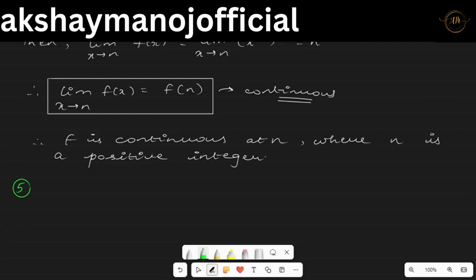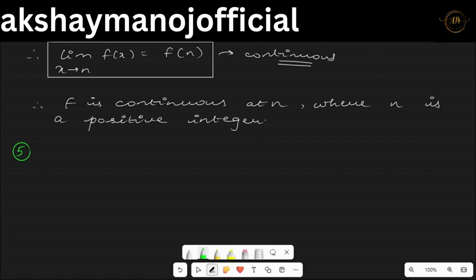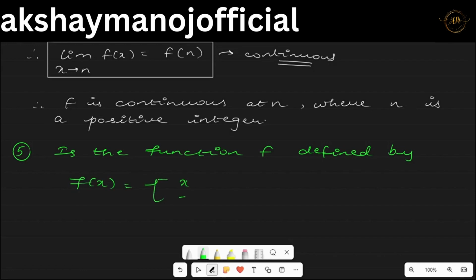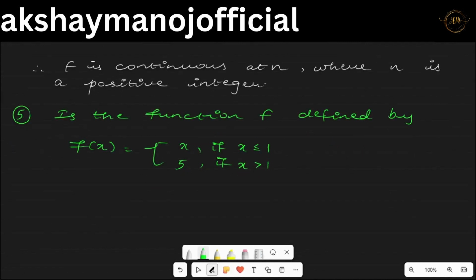Question number 5: Is the function f defined by f of x equals x if x is less than or equal to 1, and 5 if x is greater than 1, continuous at x equals 0, and again at x equals 1, and again at x equals 2?